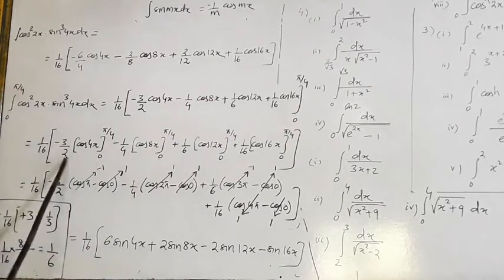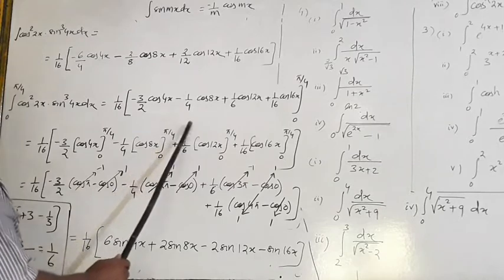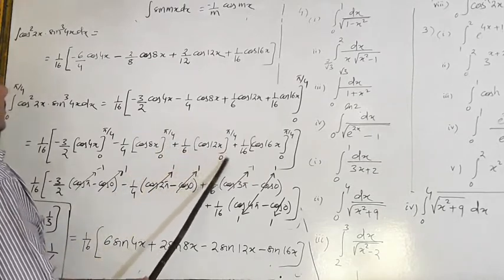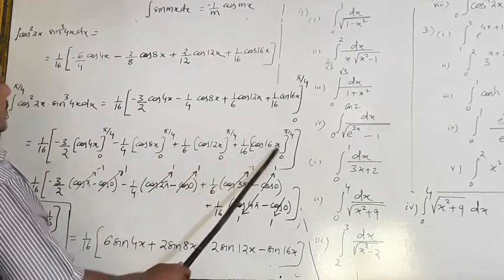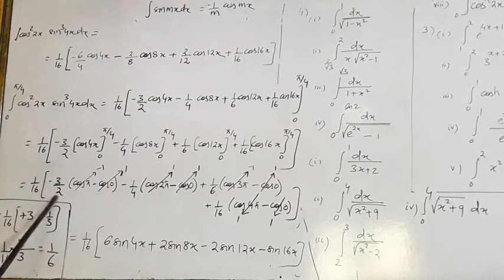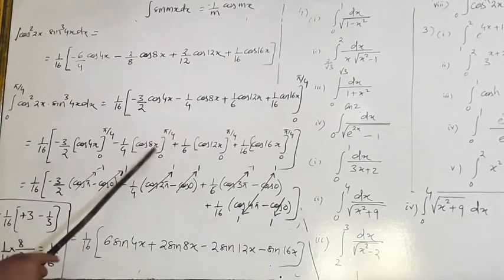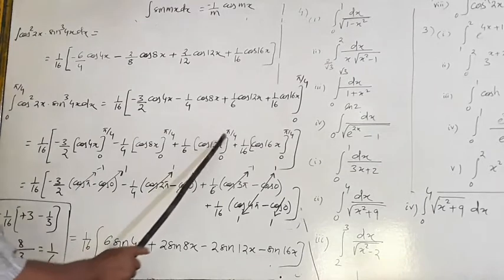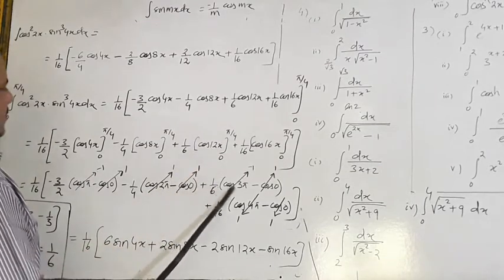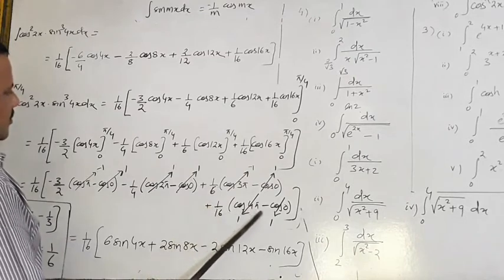Minus 3 by 2, it is cos pi minus cos 0, minus 1 by 4, it is cos 2 pi minus cos 0, then 1 by 6, cos 3 pi minus cos 0, and 1 by 16, cos 4 pi minus cos 0.